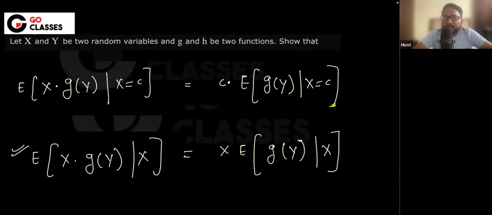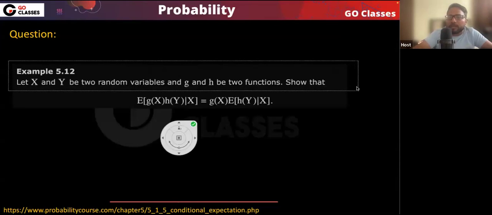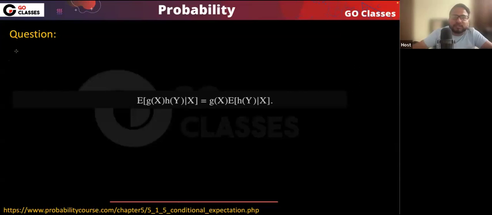This is not very complex. So this is one of the properties that we will be using to solve many questions. If you know the value of x, you can take it out. So for example, if I just ask you whether this is true or false, then what is your answer?